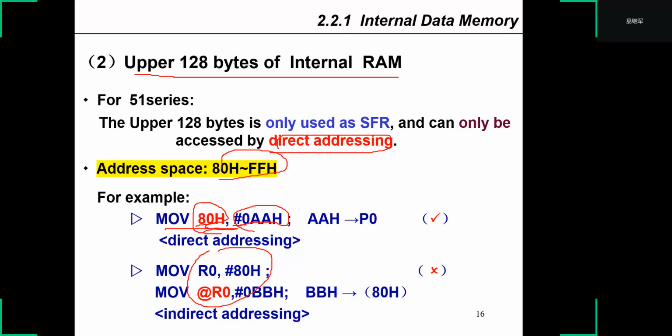If you use a number just like 80H, it means this is an address: direct addressing.